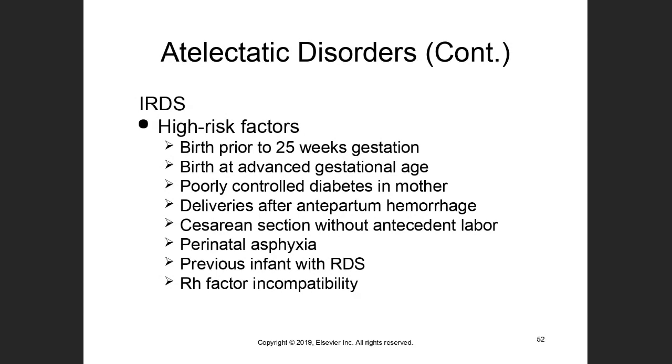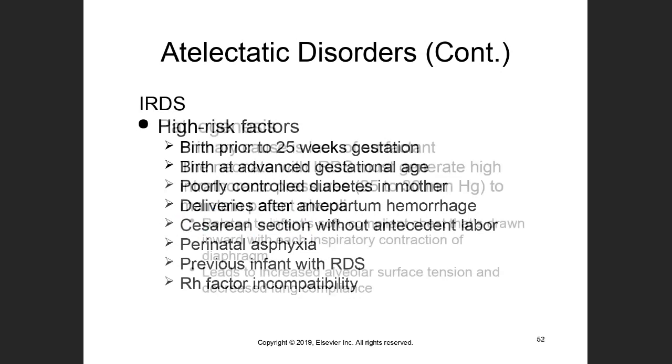That's because when you do C-sections, the patient is not gonna have any stress. If the patient doesn't have any stress, you don't produce steroid, and steroid is the one that matures the lungs. Okay, perinatal asphyxia, previous infant with RDS, Rh factor incompatibility.